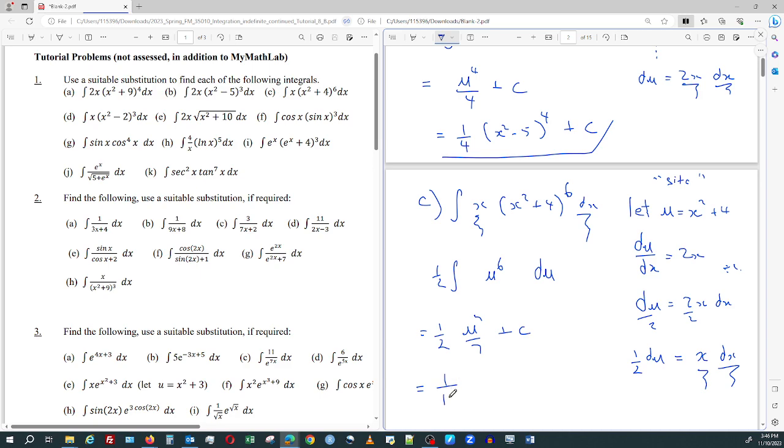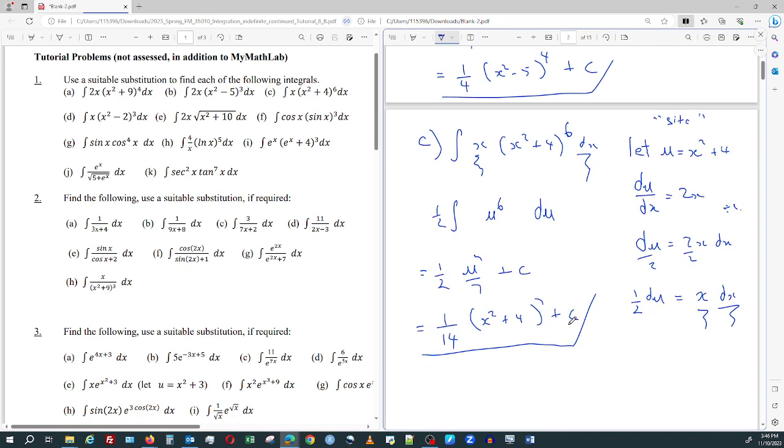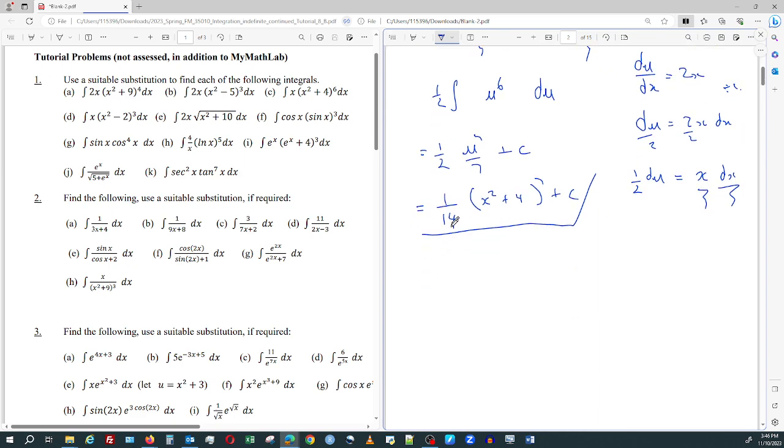So we'll have 1/14 u to the power 7 plus c, and u itself was, so just putting the x's back in, there's our final result. Very straightforward. Once you get the patterning and you get set, this becomes something that you can do readily. Okay, so we'll just keep going with it.